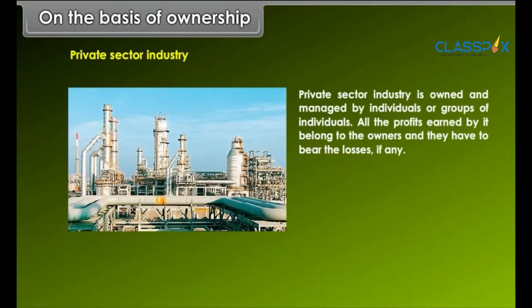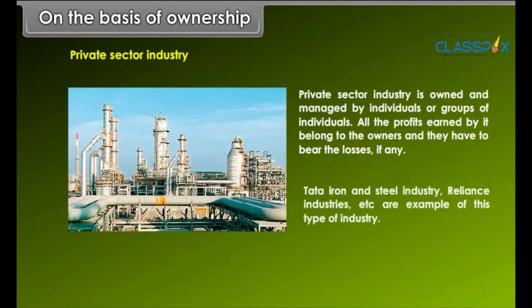Private sector industry is owned and managed by individuals or groups of individuals. All the profits earned by it belong to the owners, and they have to bear the losses if any. Tata Iron and Steel Industry, Reliance Industries, etc. are example of this type of industry.